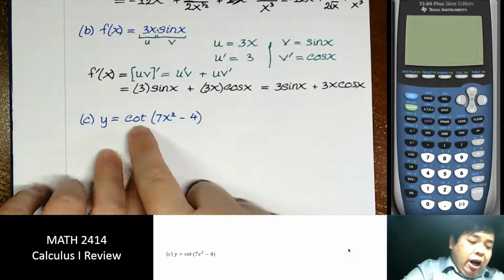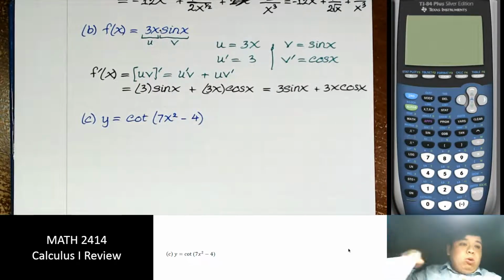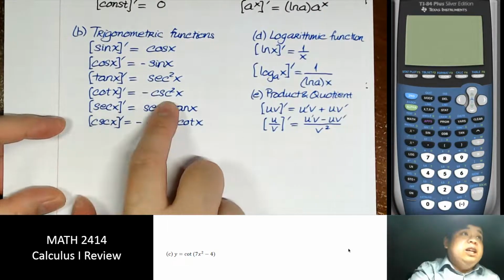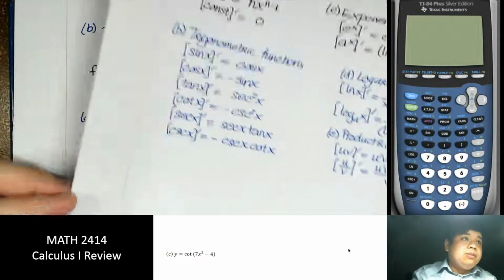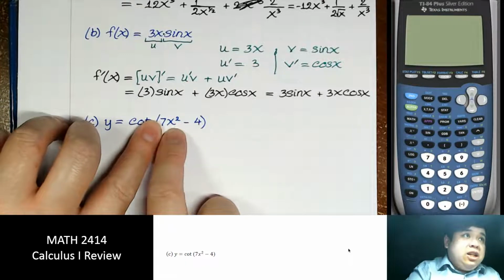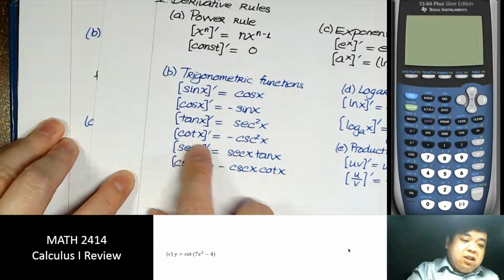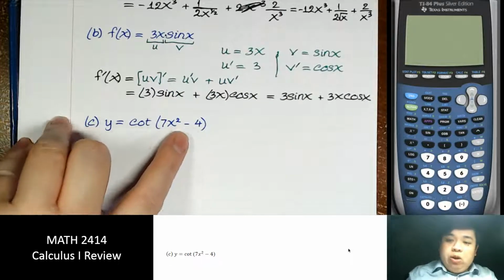So we certainly can take the derivative of cotangent. The derivative of cotangent is negative cosecant squared. So that's easy. But the inside of the cotangent is not just x, it is a polynomial.